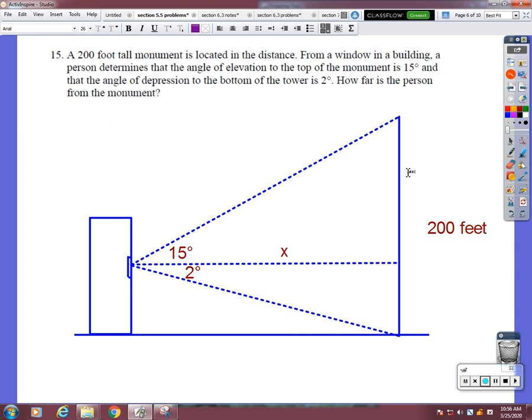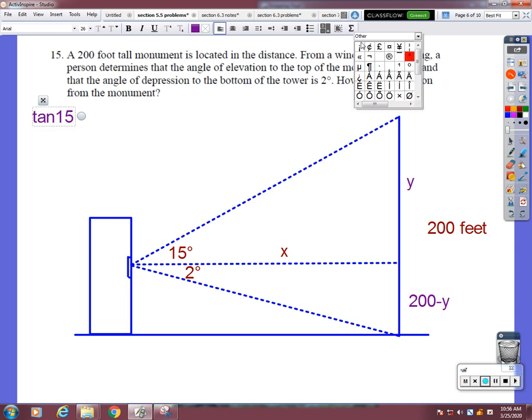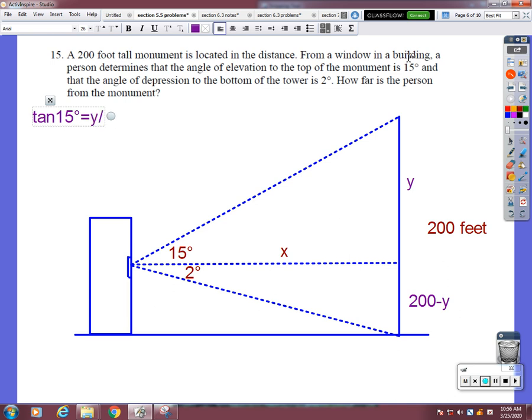What I'm going to do is call this part right here, that distance of the top triangle, y, which means that this guy down here is 200 minus y, okay? Alright, so now I'm going to set up two different ratios, both using tangent. I'm going to start by saying that the tangent of 15 degrees is equal to y divided by x, opposite over adjacent.